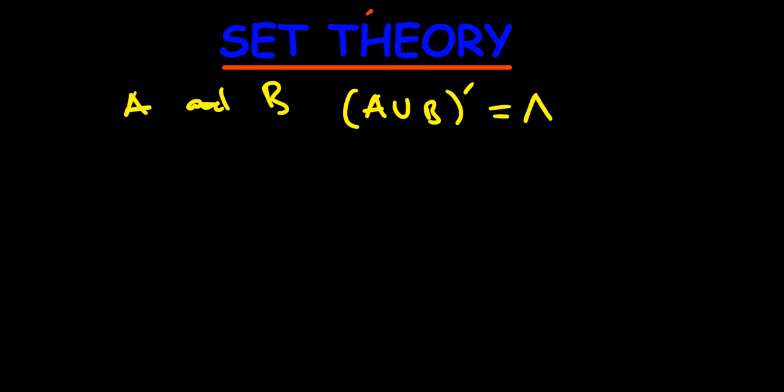So now if we have two sets A and B, the identity (A union B) complement equals A complement intersect B complement is true. So we're going to prove this. This is going to be useful as we go on further.